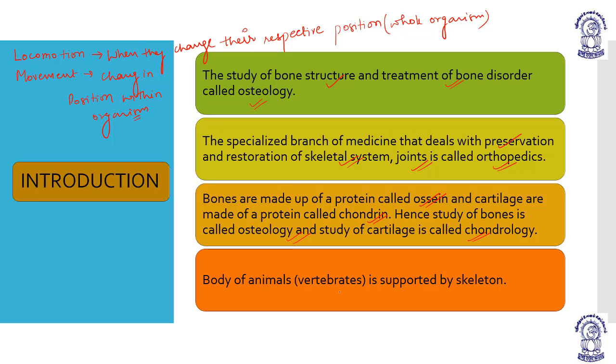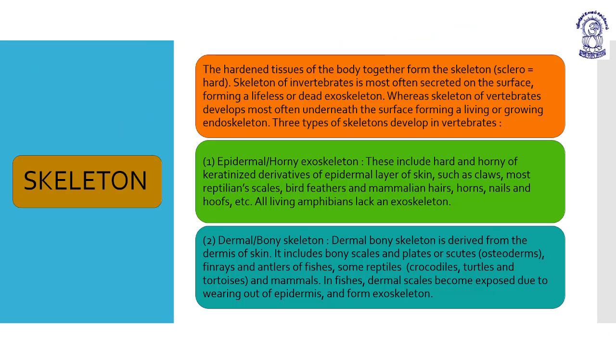Bones of animals, that is vertebrates especially, are supported by skeleton. The hardened tissue of the body together forms the skeleton, that is, sclero means hard. The skeleton of invertebrates is most often secreted on the surface, forming a lifeless or dead exoskeleton, whereas the skeleton of vertebrates develops most often underneath the surface, forming a living or growing endoskeleton.